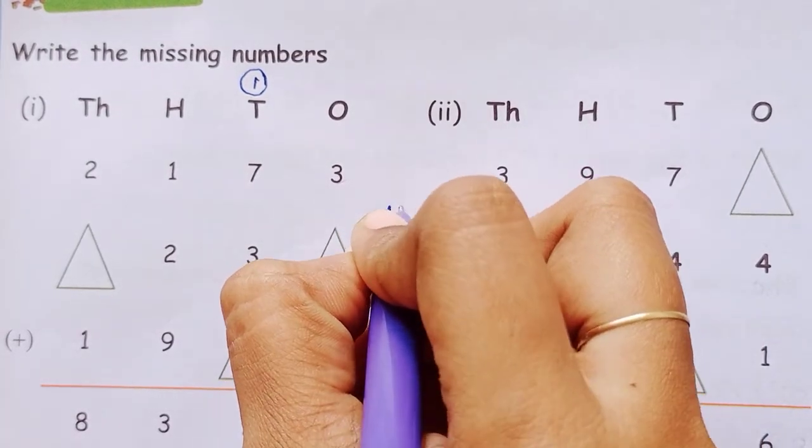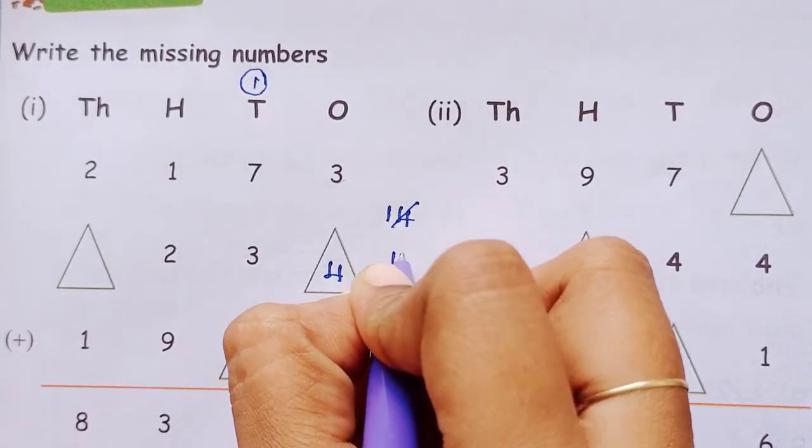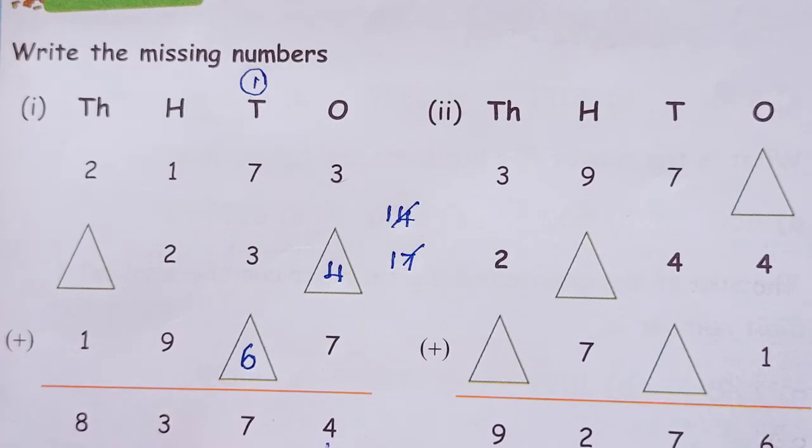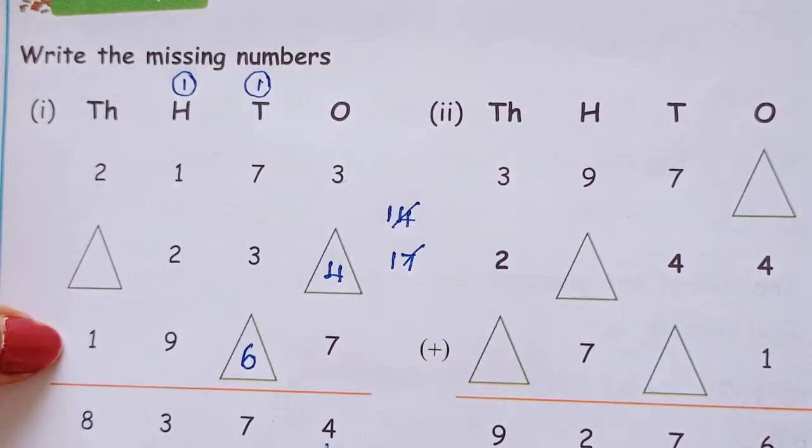First here 14: you cut 4 right here and carry 1 over to the next column. Then the second one, 17: cut 7 right here, and the remaining 1 you carry over to the hundreds column.